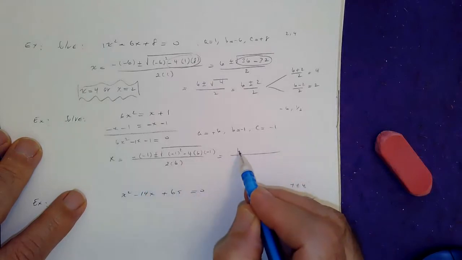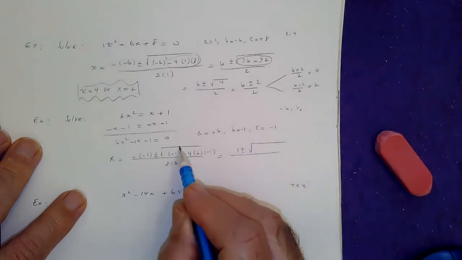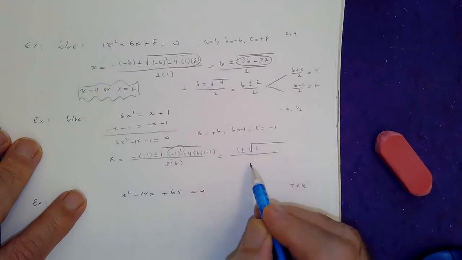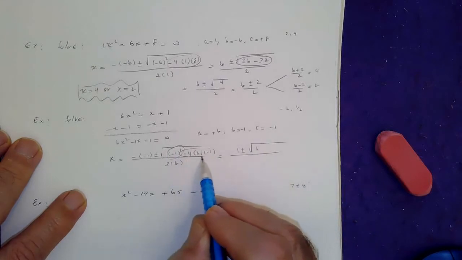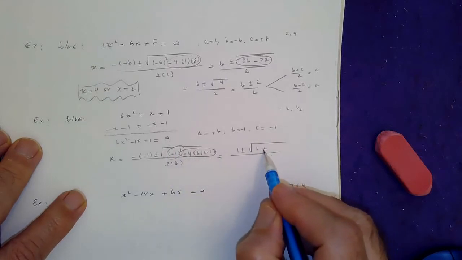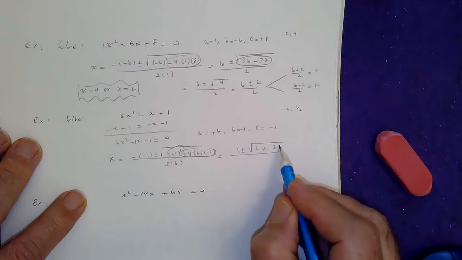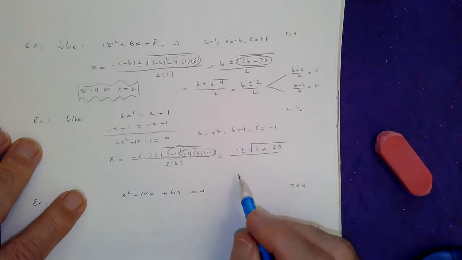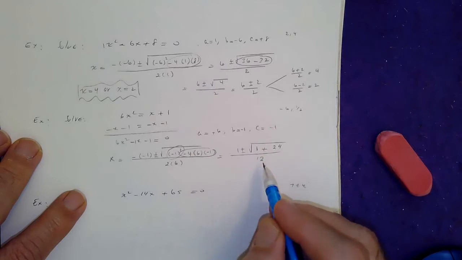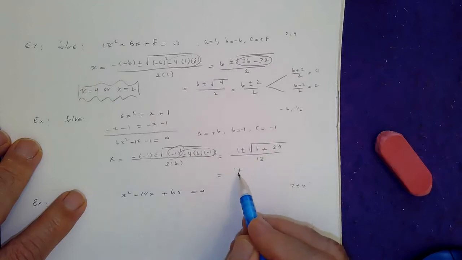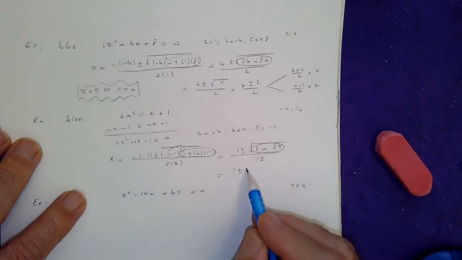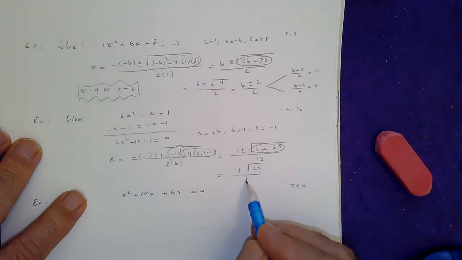Now you have to work this out. Negative times negative is positive. First you square this, you get 1. Then you multiply these three numbers, including the signs, which gives you positive 24. 2 times 6 is 12. Now you add these numbers, you get the square root of 25.